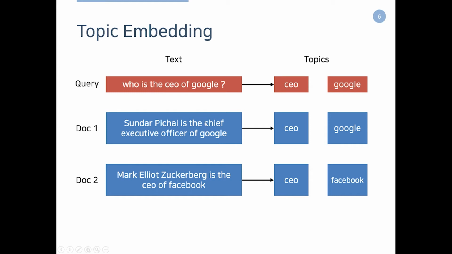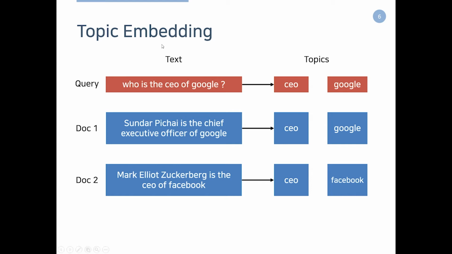However, we can consider the topic of the given text. For example, the query's topic is CEO and Google, and document 1's topic is CEO and Google also, and document 2's topic is CEO and Facebook.